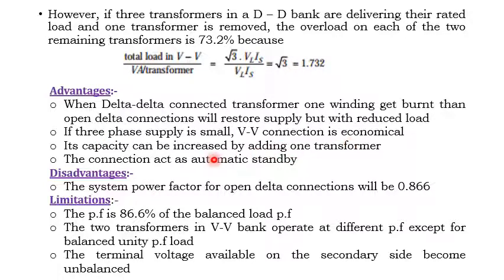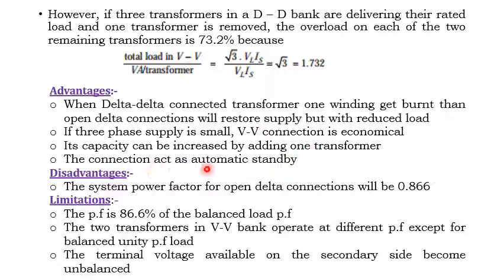Its capacity can be increased by adding one transformer. Obviously, if one transformer is removed, its capacity is decreased. So you can operate the open delta transformer at reduced capacity, and even that capacity can be increased by adding one more transformer.